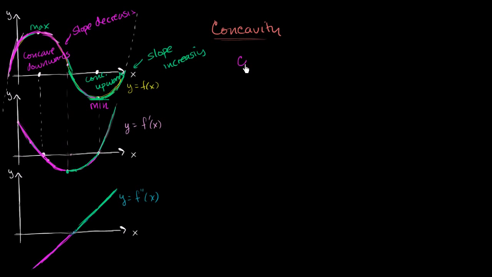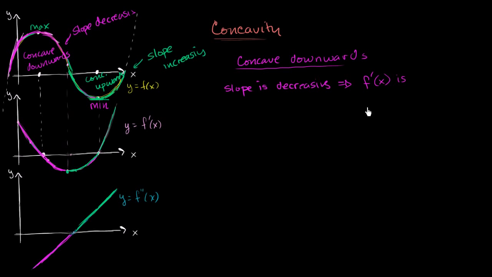So if we're talking about concave downwards, we see several things. We see that the slope is decreasing, which is another way of saying that f prime of x is decreasing, which is another way of saying that the second derivative must be negative.